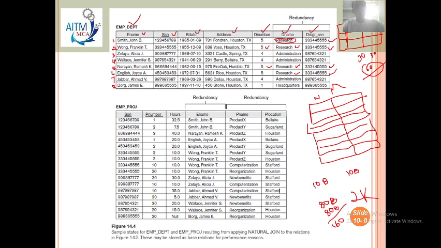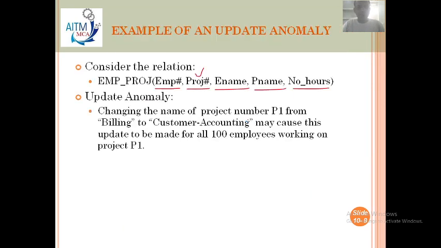Project number is so and so project. Assume that this is product X. I want to change this to another project name. Customer accounting may cause this update to be made for all 100 employees working on project 1.